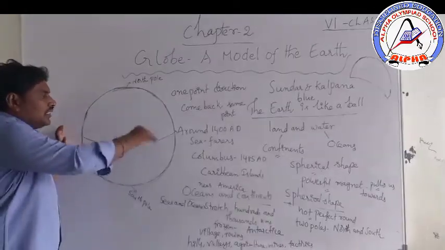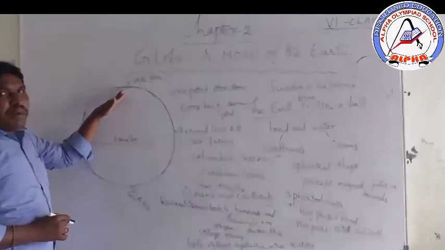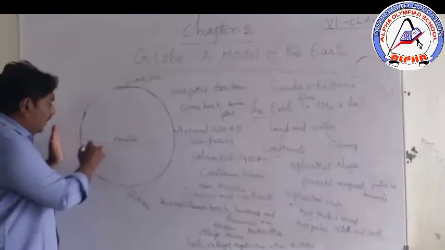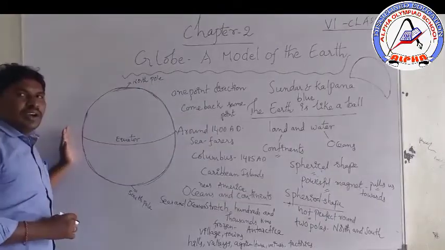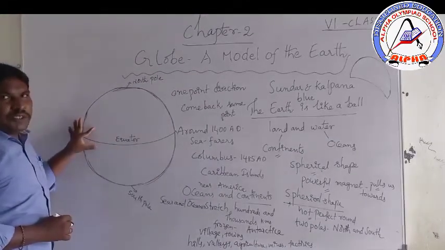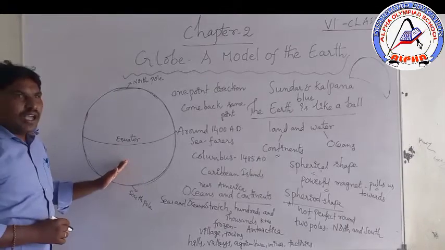In this picture, at the top is the north pole, at the bottom the south pole, and in the middle the latitude called the equator. It divides the earth into two hemispheres, the northern hemisphere and the southern hemisphere.